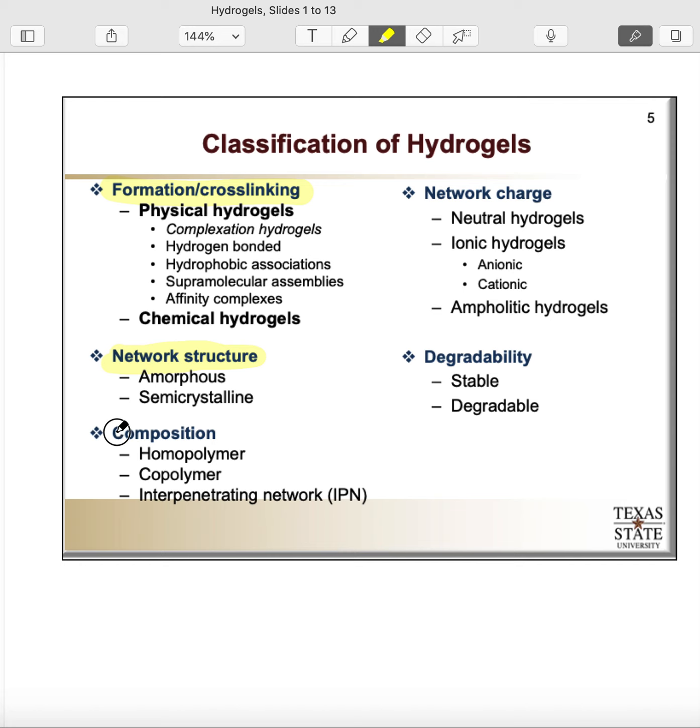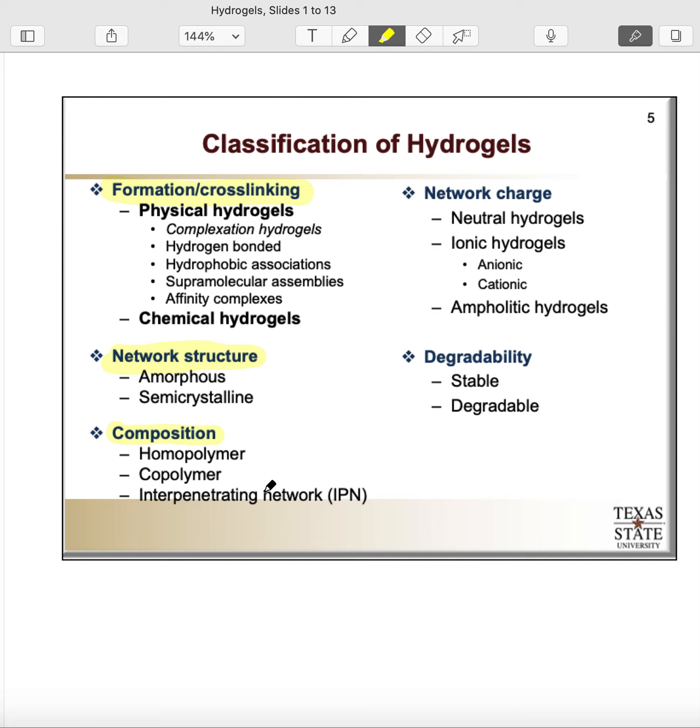We could also classify hydrogels according to their composition, depending on whether they are made from a single type of polymer, a homopolymer, or a copolymer system, or we could talk about interpenetrating polymer networks, or IPNs.